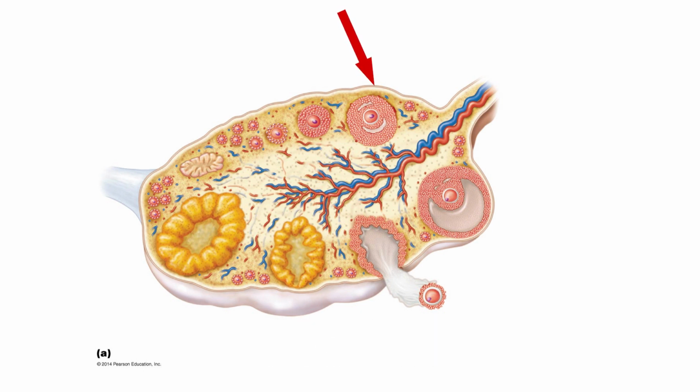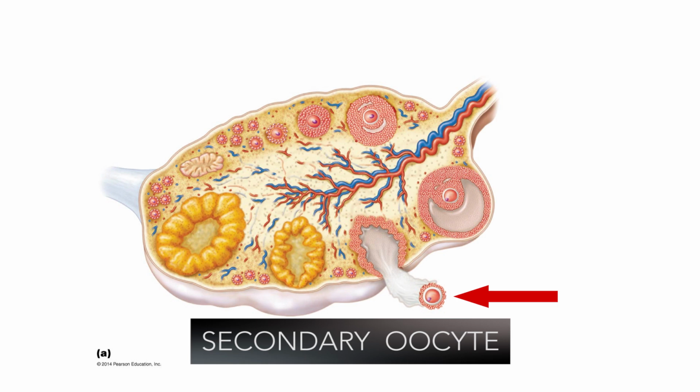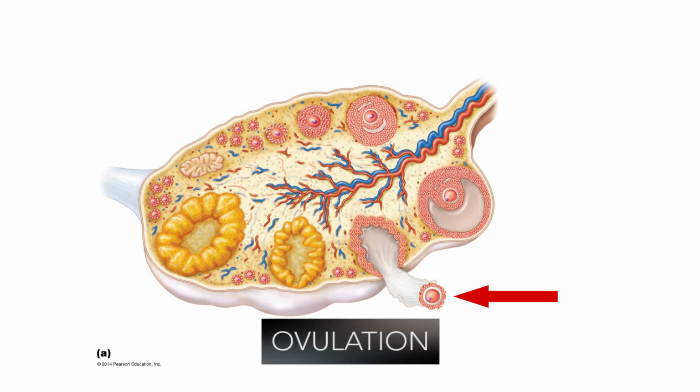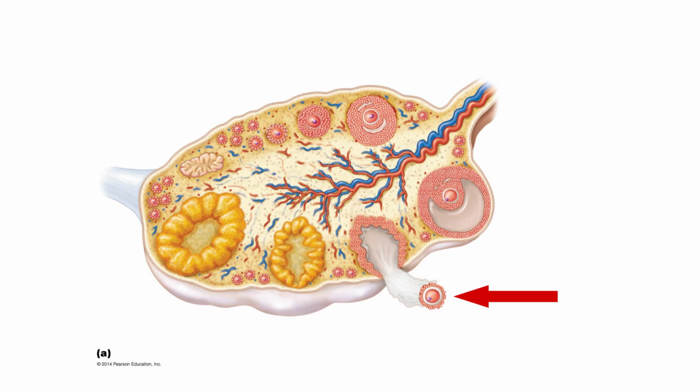Then after about the 14th day of development, the primary oocyte turns into a secondary oocyte here, and it then emerges out of the ovary. This process is called ovulation. And a lot of doctors and people just call that an egg, but it's really a secondary oocyte.